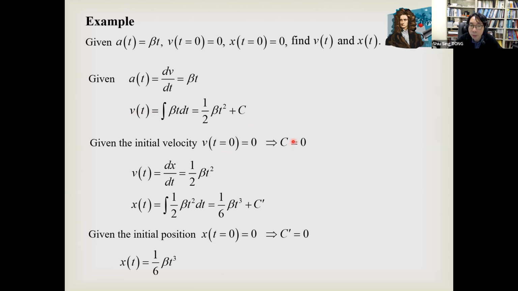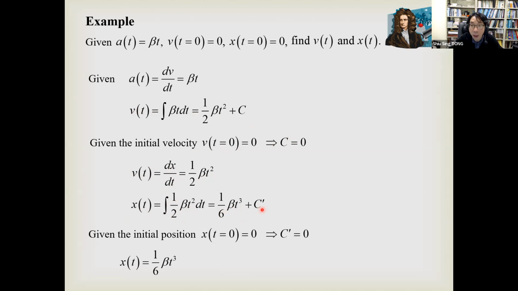And so we find that v is half beta t squared, but v is dx/dt. We integrate this equation once more to find x. We are integrating t squared, and that gives t cubed over 3. When combined with this 1/2, I get 1/6 beta t cubed.